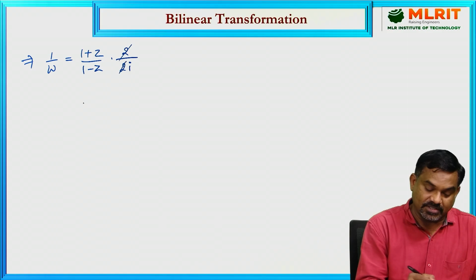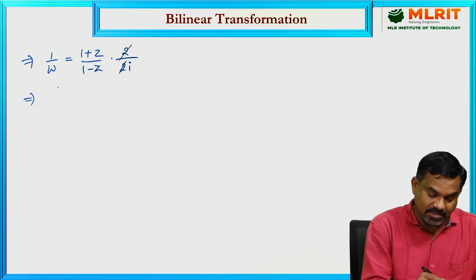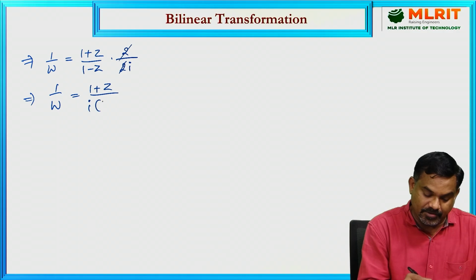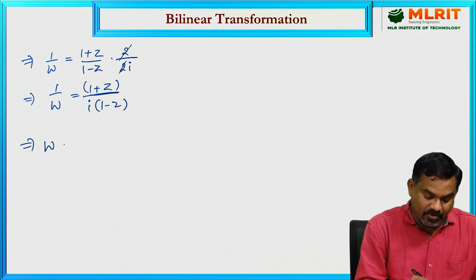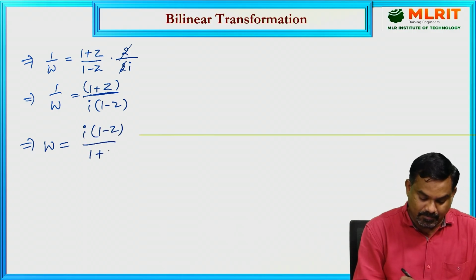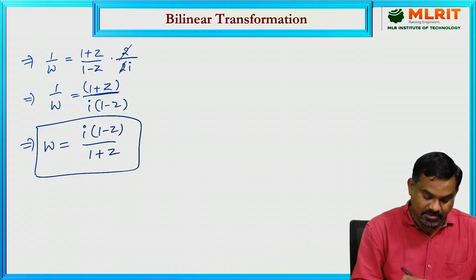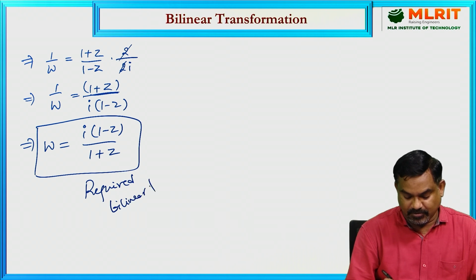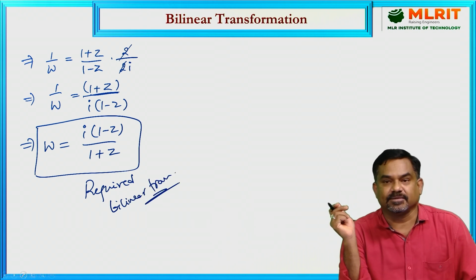So these 2 get cancelled, and that implies 1 by W equal to (1 plus z) by i into (1 minus z). And we want W in terms of z: W equal to i into (1 minus z) by (1 plus z). So this is the final required bilinear transformation of the given points.